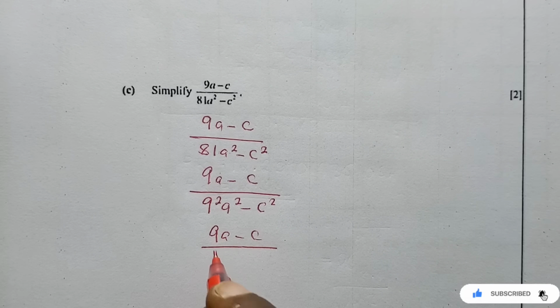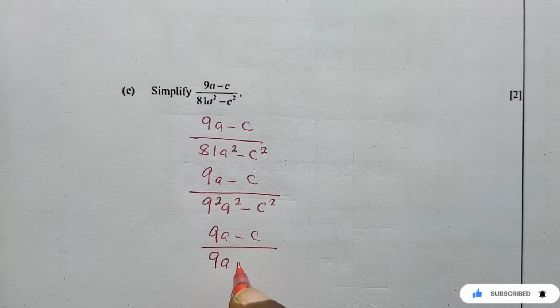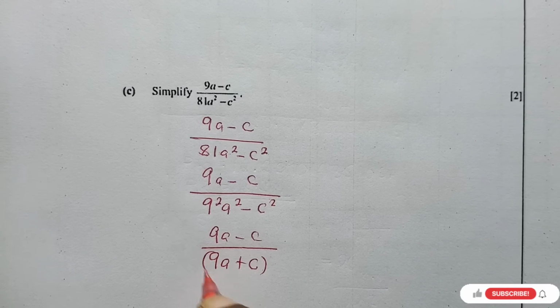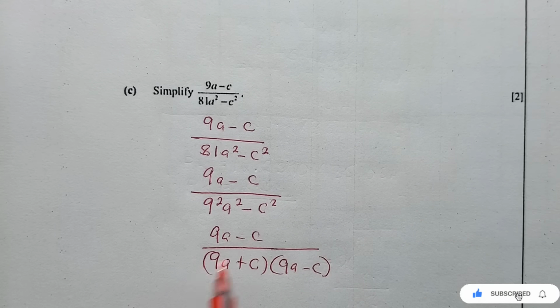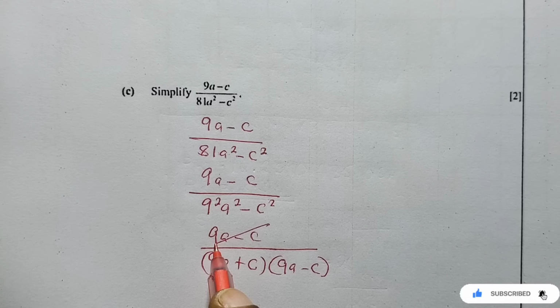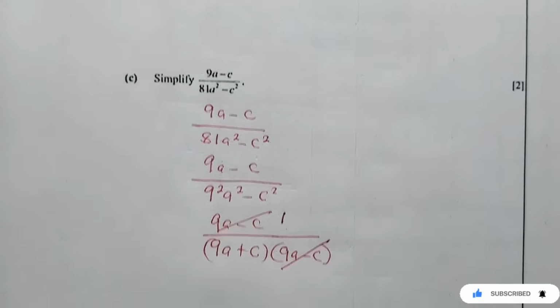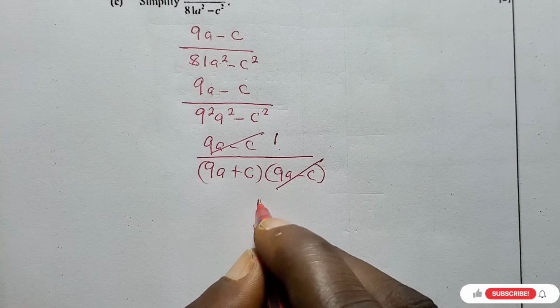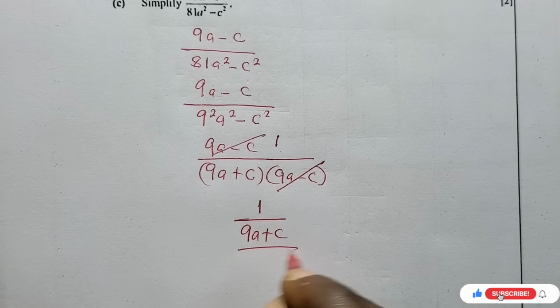Then down here, we're going to write 9a plus c, then 9a minus c. We have what is common? Yes, 9a minus c. So on top here, we're just remaining with 1. Finally, our final answer is 1 over 9a plus c.